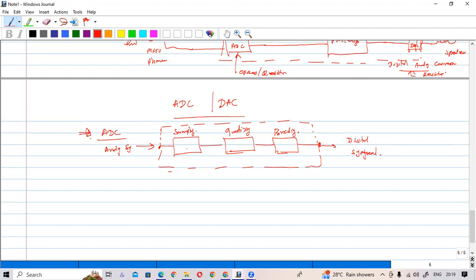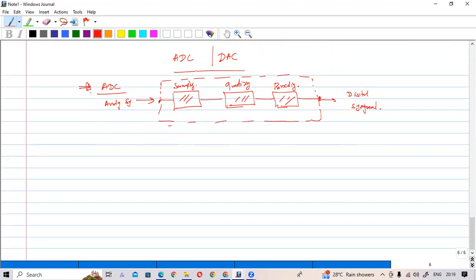So these 3 processes are there: sampling, quantizing, and encoding. First we have to focus on sampling.